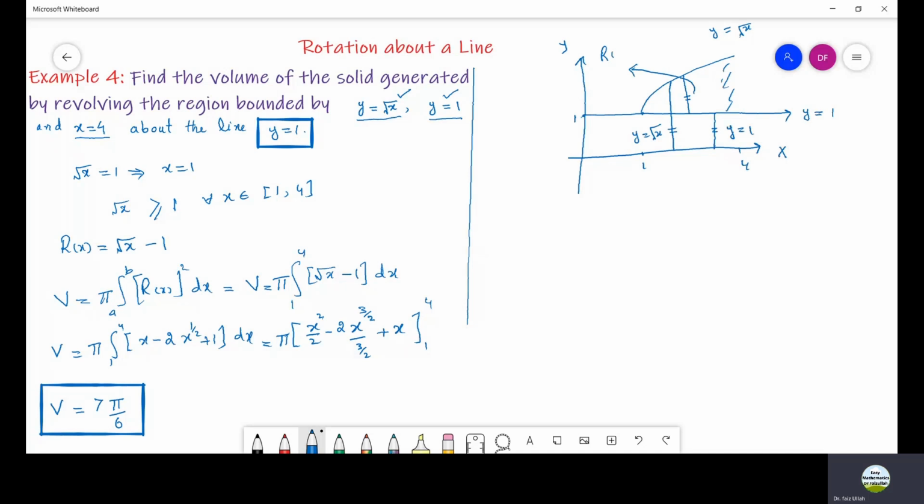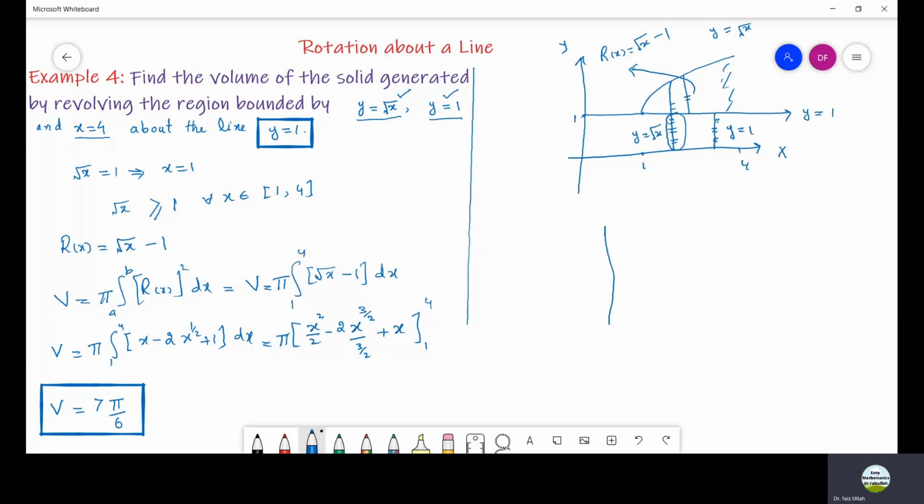To find this radius, if we subtract 1 from under root x, in other words, you can see this is under root x and this is 1. So if we subtract this region from the whole, this portion will be removed and we can get the required radius, which is under root x minus 1.